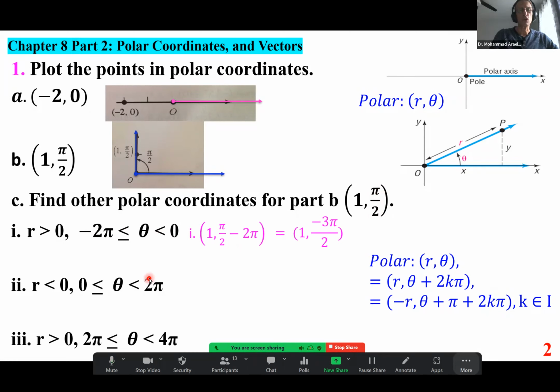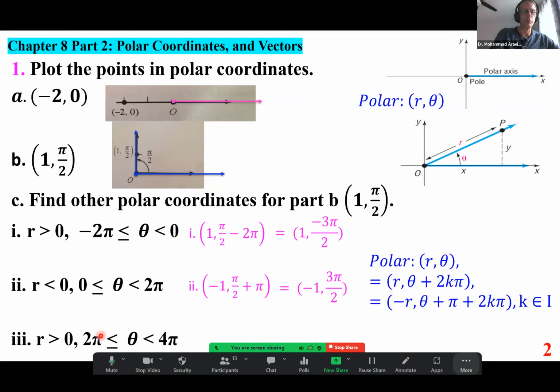If you want to make the r negative, you want to make 1 negative, and then simply put, we need to add pi, odd multiples of pi. You can add pi or 3 pi or 5 pi to that. So if we add pi, we end up with negative 1 comma 3 pi over 2.